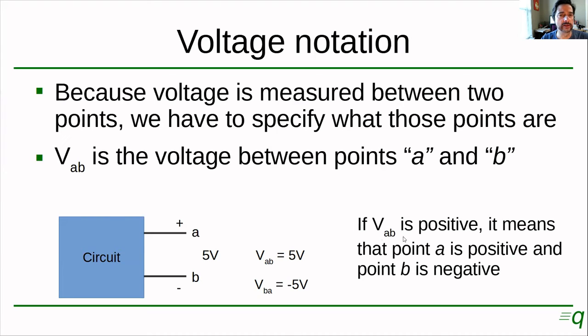If we say VAB is positive, it means that point A is positive and point B is negative. If VBA is negative, it means that point B is negative compared to point A, and point A would be the positive. So these two expressions are exactly the same.